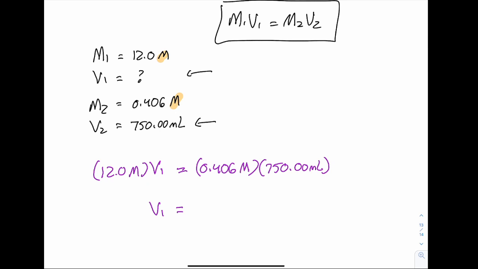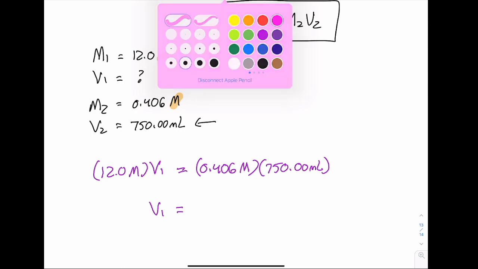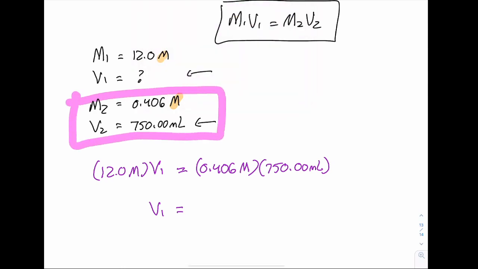So what I know for sure is that when I dilute a solution, my volume increases. So if I go back and look at my numbers here, this is my diluted solution, right? And I know that because 0.406 is smaller than 12 molar. So this is my diluted solution. This is my undiluted solution.